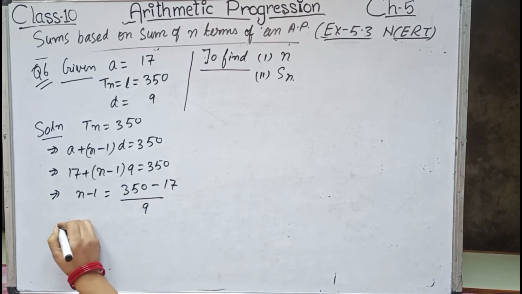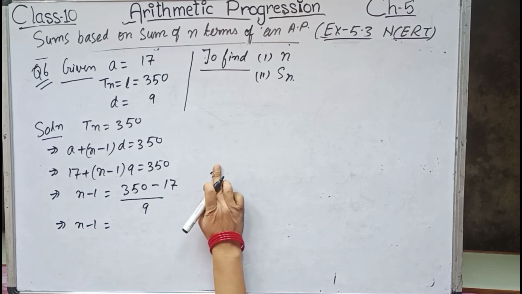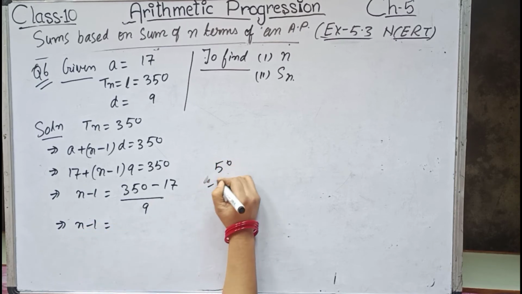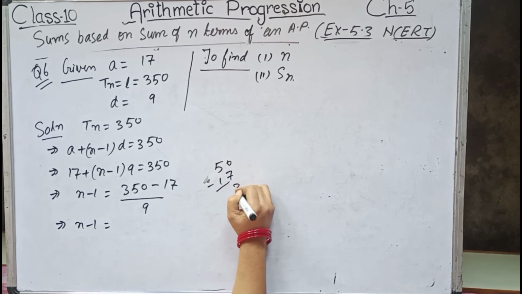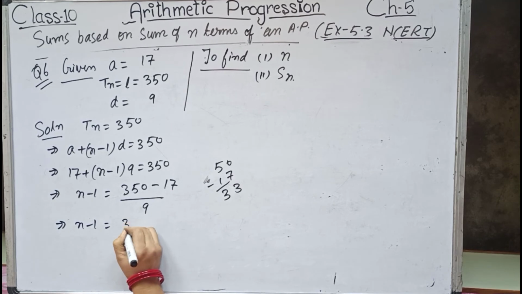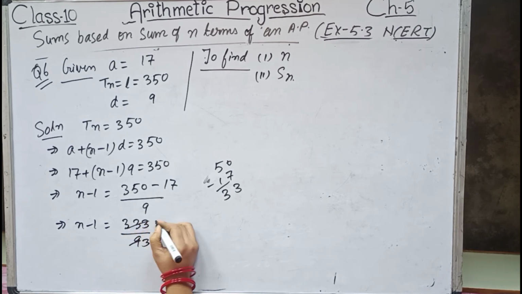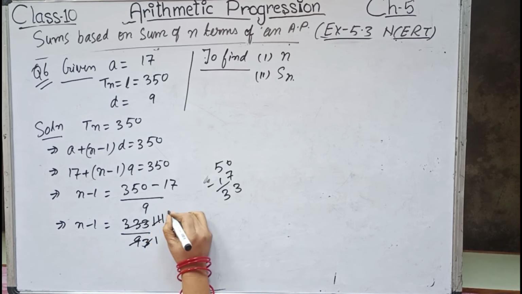Now 350 minus 17, that is 333. 333 by 9. So 3 3s are 9, and over here 1 1 1, then 3 1s are 3, and 3 3s are 9, and 3 7s are 21.